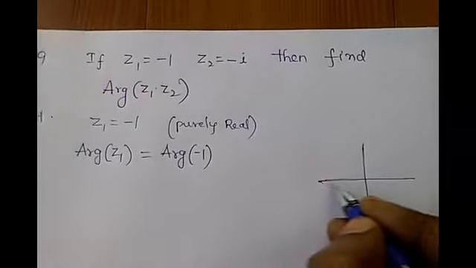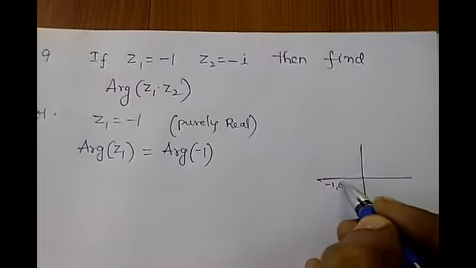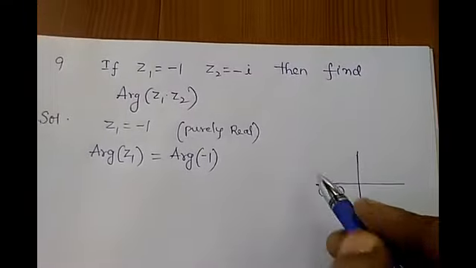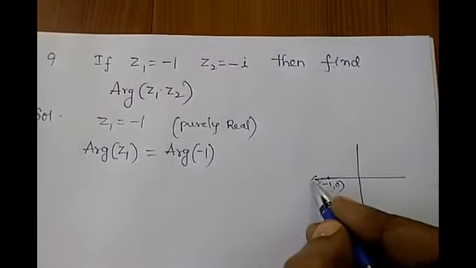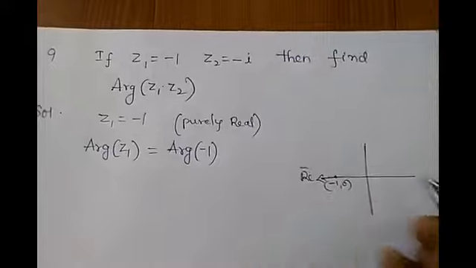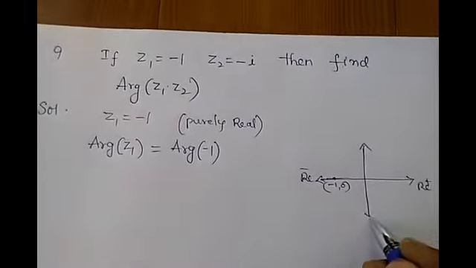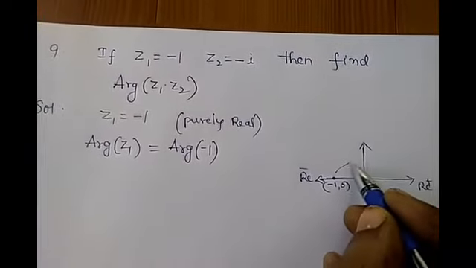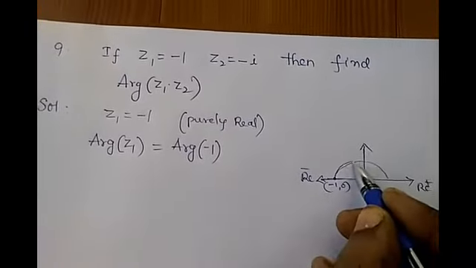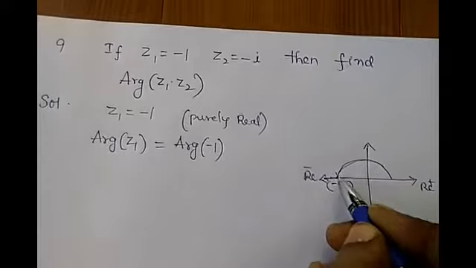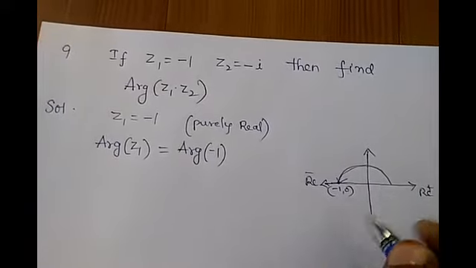Minus 1 comma 0. So the point Z1 lies on the negative real axis. On the negative real axis, the argument of a complex number is pi, since it makes 180 degrees with the positive real axis in the anti-clockwise direction.